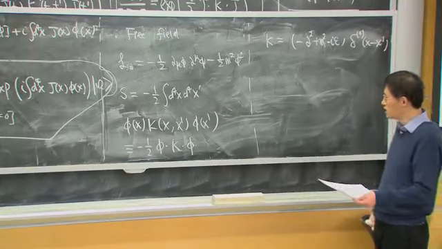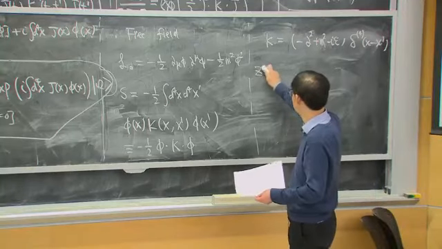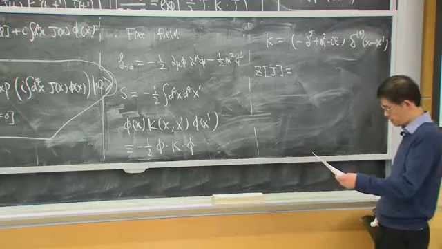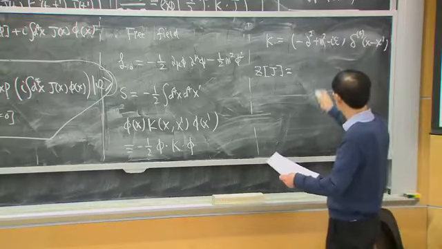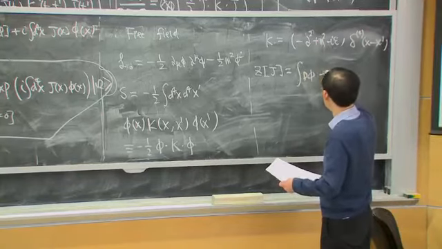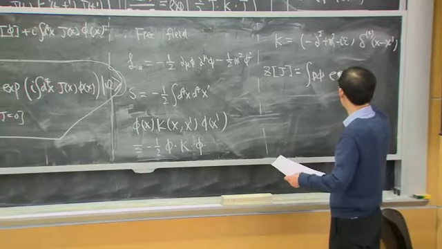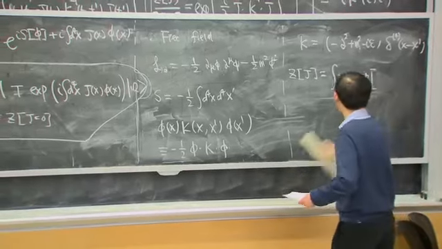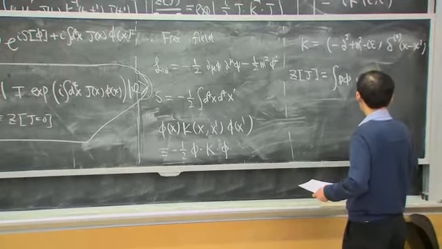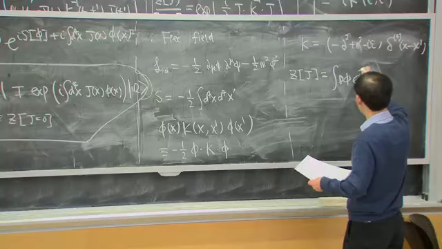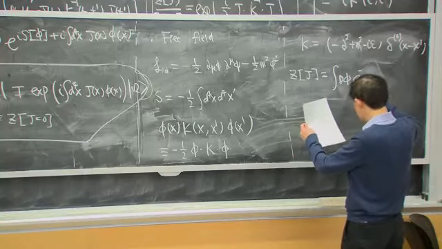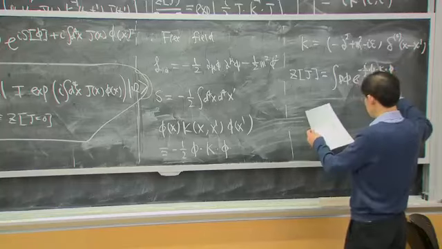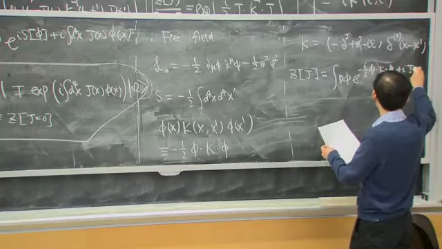And now this Z_J is just given by the integral Dφ of the exponential, again just a Gaussian integral, of minus 1/2 φ·K·φ plus i J·φ.